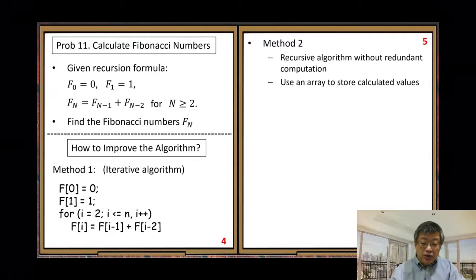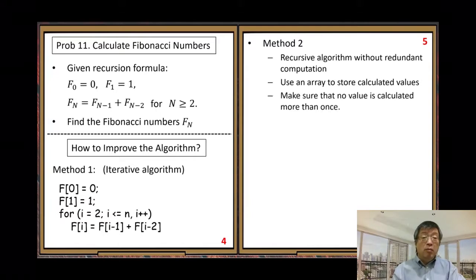Use an array to store calculated values. Each value we only want to calculate once. After the calculation, we just store it in one element of the array, to avoid redundant calculation. That's simple.